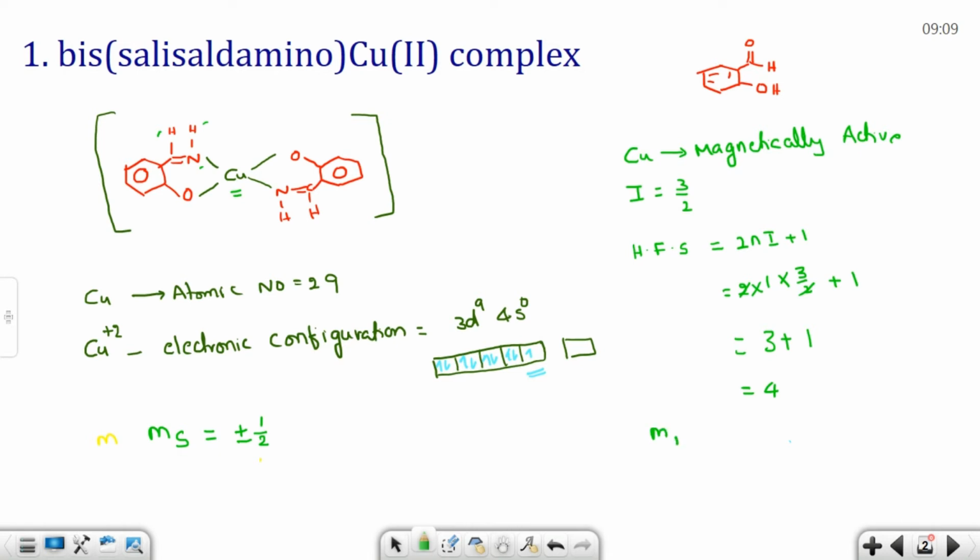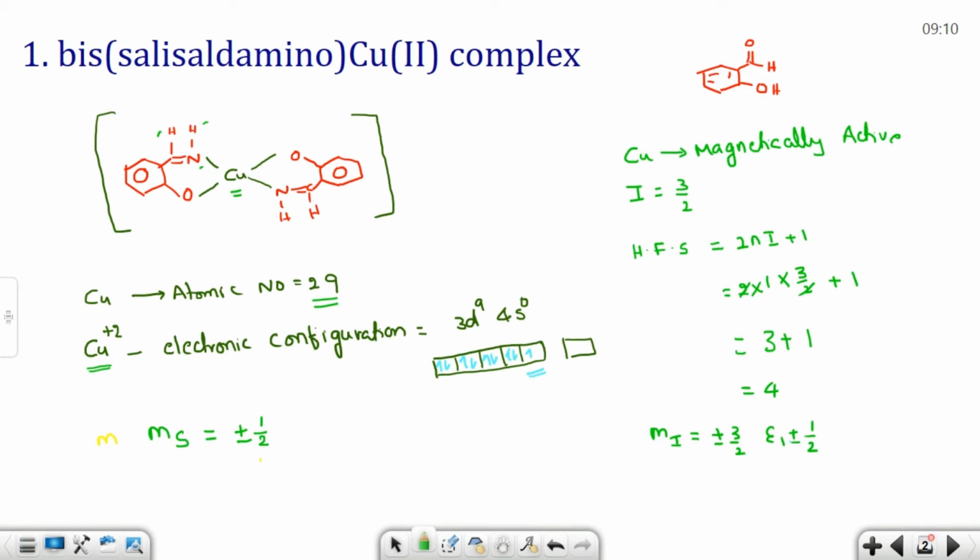That means each nuclear spin state of copper is further divided into 4 spin states, those are plus or minus 3 by 2 and plus or minus 1 by 2.